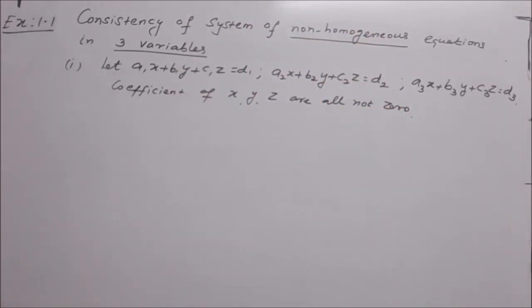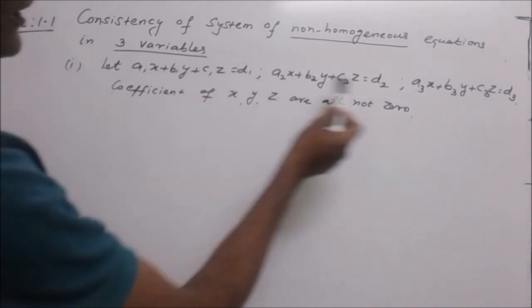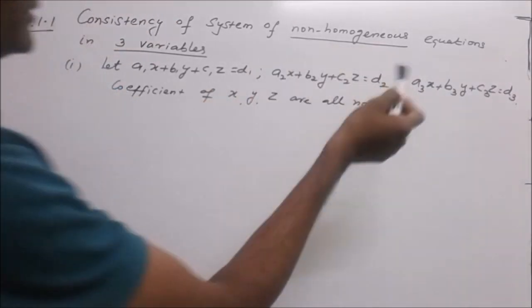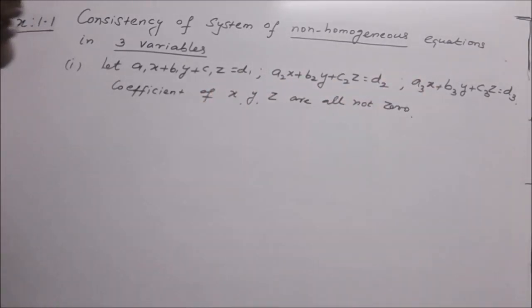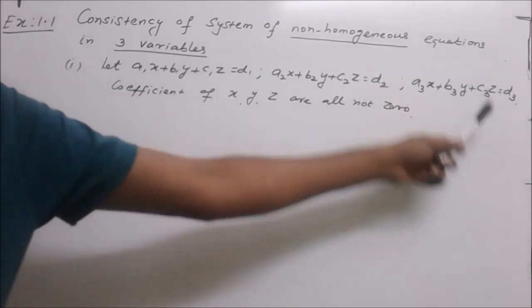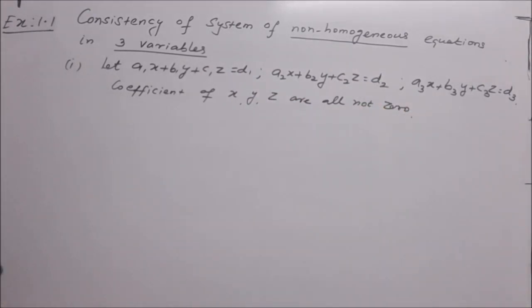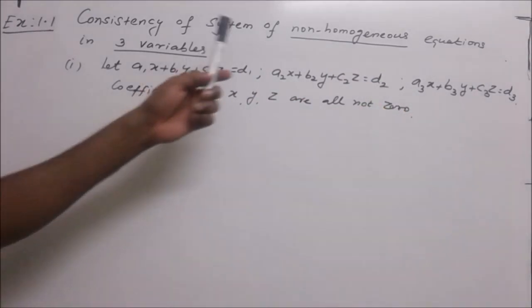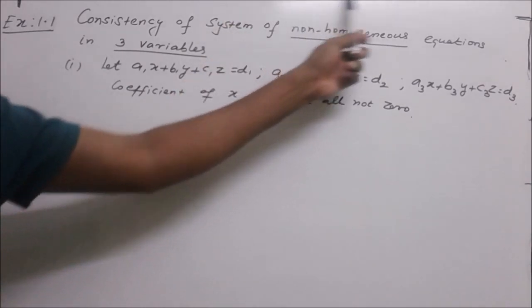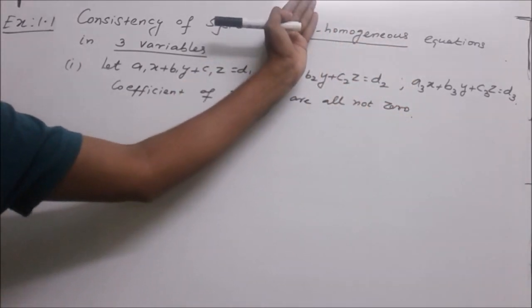What is the difference between non-homogeneous and homogeneous? If the constant terms on the right side, d1, d2, d3, are all zero, then the system of equations is known as homogeneous.